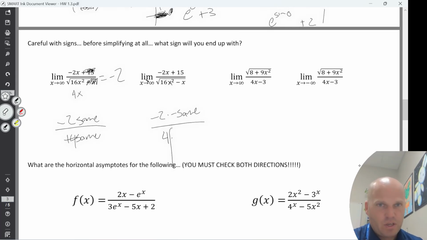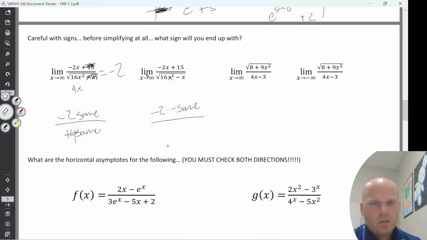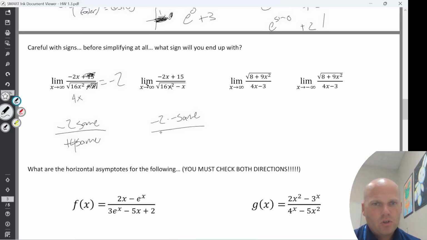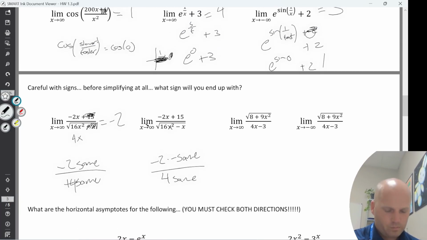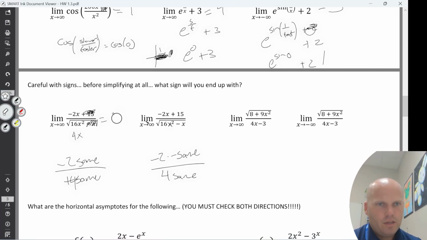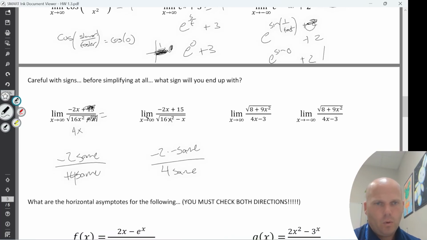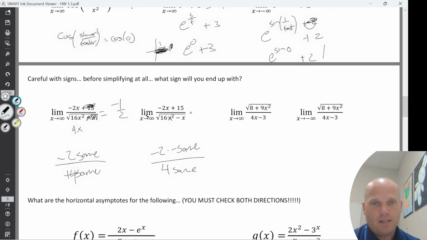The negative value being squared becomes a positive value. So I have 4 times the positive same. So, sorry, this should be negative 2/4 or negative 1/2. This should be positive 1/2.